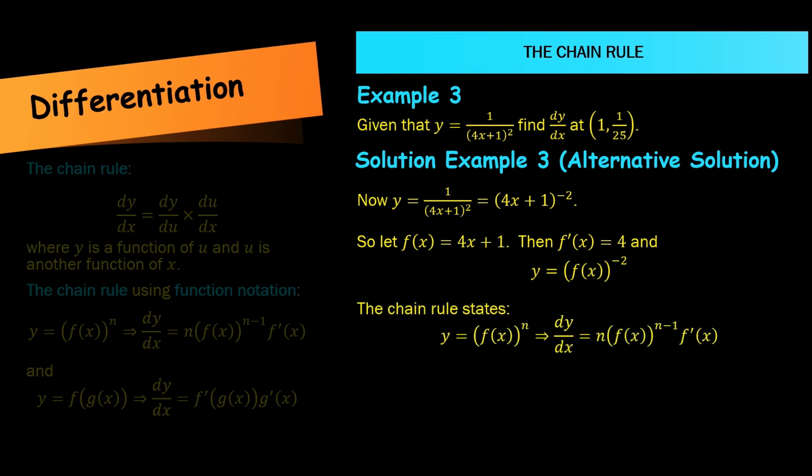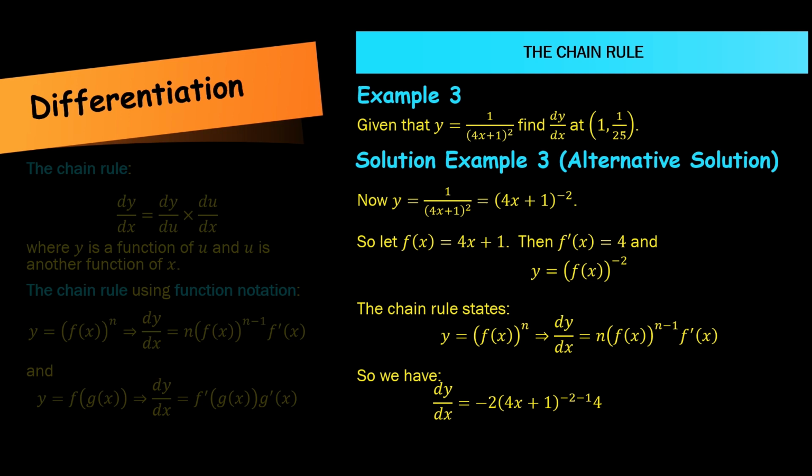Now the other form of the chain rule states that y equals f of x raised to the power n implies dy dx equals n times f of x raised to the power n minus 1 times f dash of x. So plugging in the relevant expressions gives us an expression for dy dx.